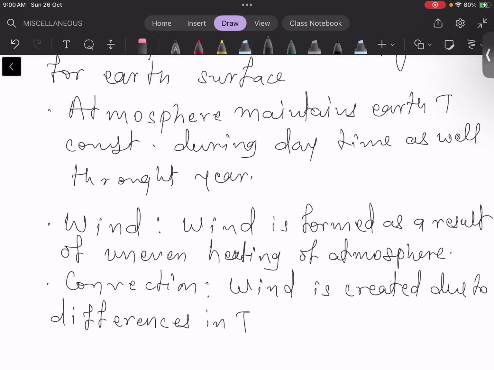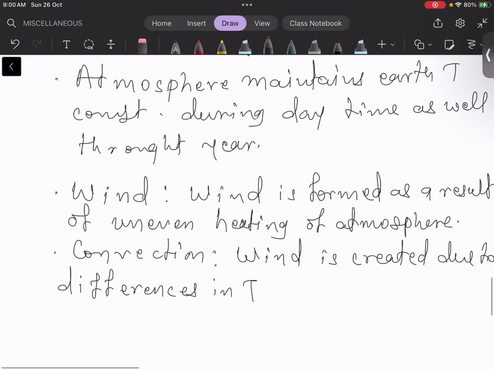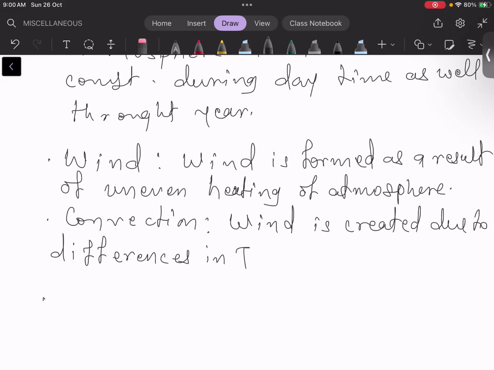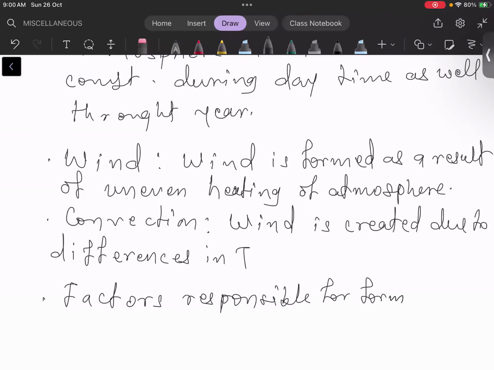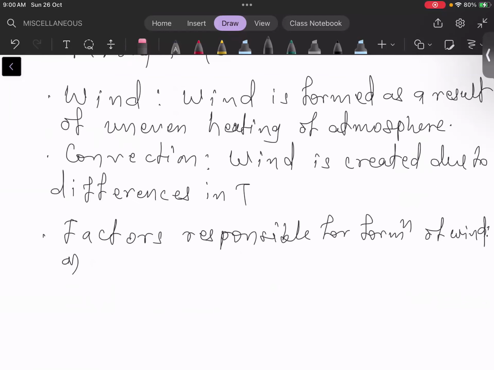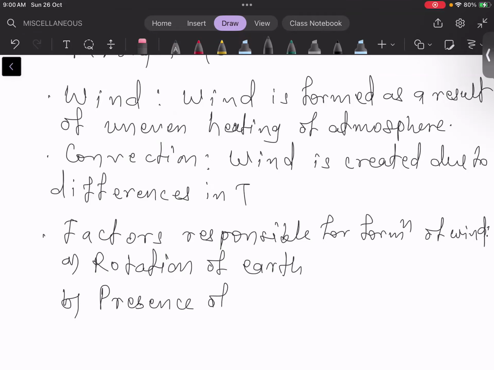The factors responsible for the formation of wind include, first, the rotation of the earth, and second, the presence of a mountain range.